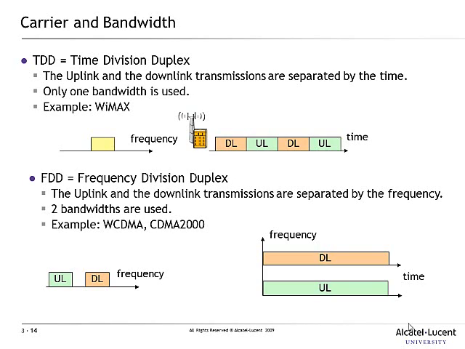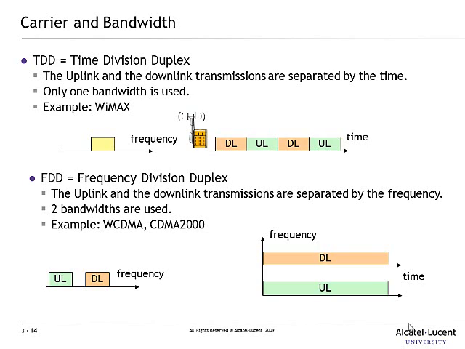Now, in LTE, there is a TDD version and there is an FDD version. So for example, in China, they have decided to focus more on the TDD version of LTE, and also in some other countries. Now, in Australia, Optus is looking at using TD LTE, but Telstra has gone with the FDD mode of operation.